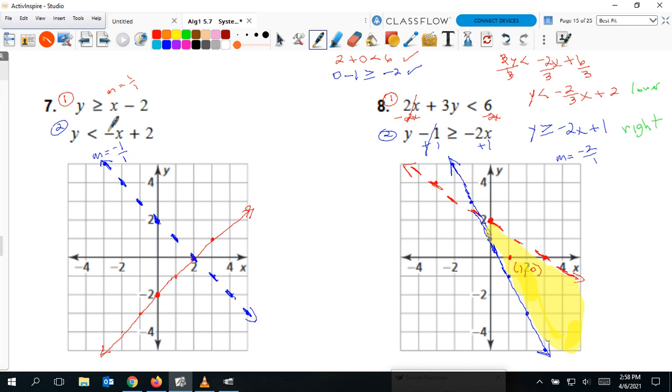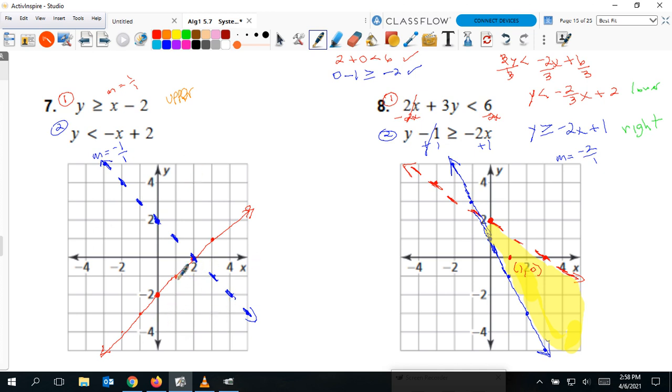So based on this, y is greater than negative 2, which is in the upper section. So this is definitely upper here. And then it's going to be either upper left or upper right. So according to this one, y is less than 2.